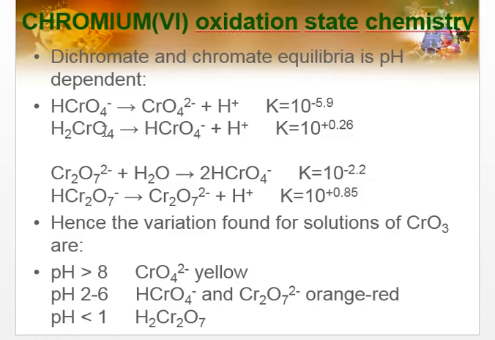This is the first step, where we remove one hydrogen, and this is the second step of the dissociation, where we remove the remaining hydrogen from our acid. For each step, for each compound, we have a constant, for the chromate CrO4 2 minus and for the hydrochromate anion.